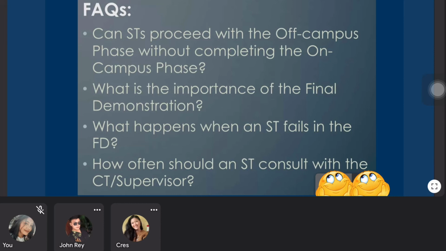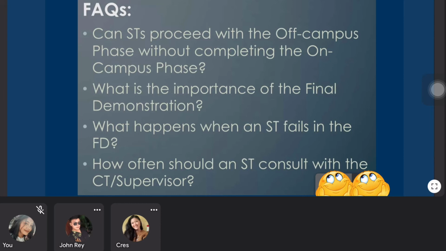The second one is, what is the importance of the final demonstration? Final demo is very important because this is the time when a student teacher showcases his or her abilities to teach. Preparedness and handling a lesson is a must, including making presentations or visual aids.